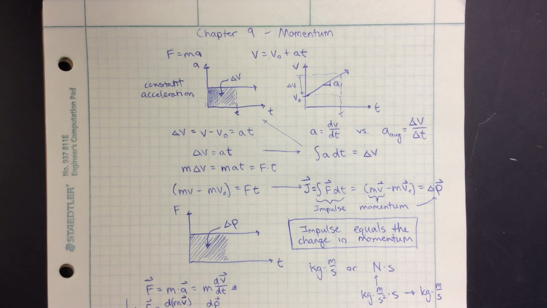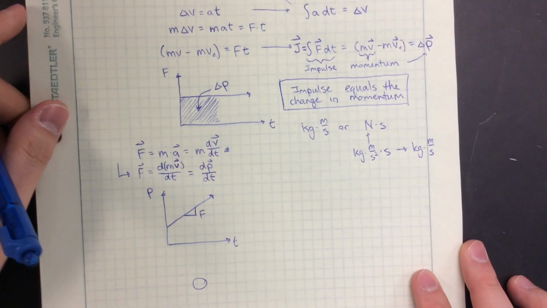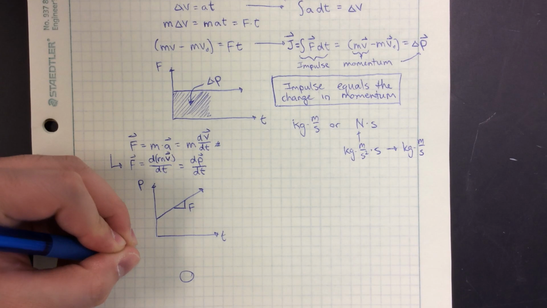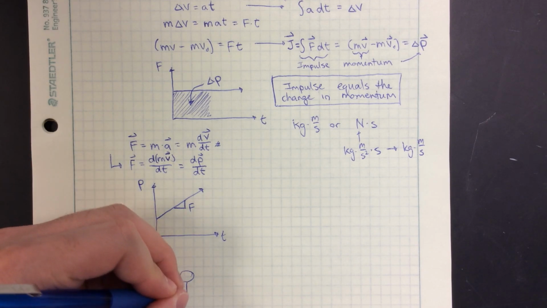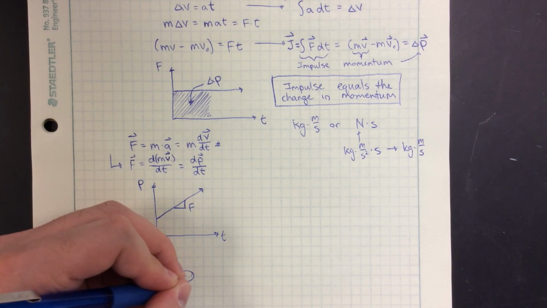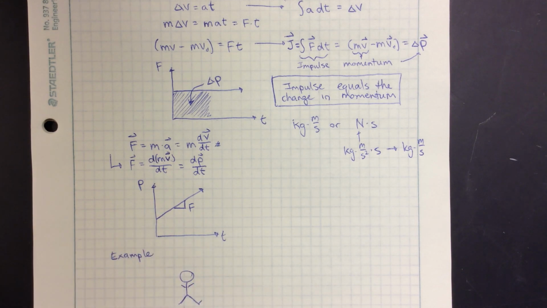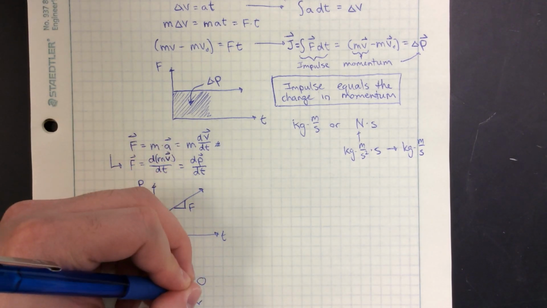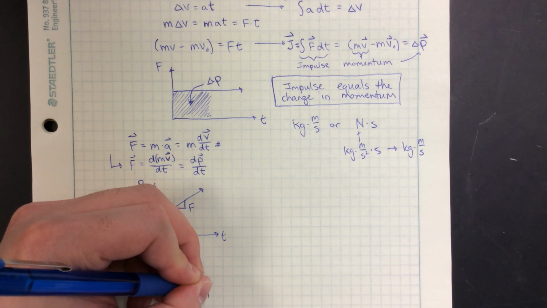Let's take a look at how direction matters. Let's say, for example, you have a person kicking a soccer ball. The soccer ball is coming down and then he kicks it and it goes back up.